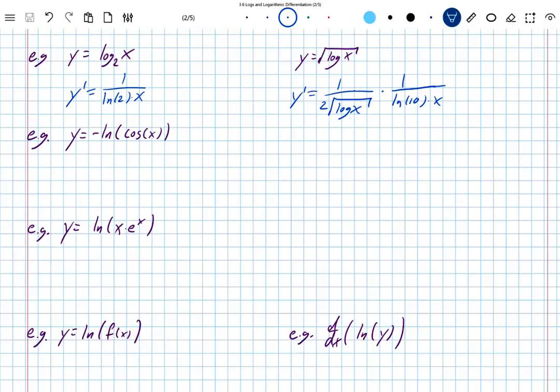Okay, I like this next one a lot. Give it a try if you haven't already, but let's go through it. Y prime is equal to, the negative's going to hang out. It's just a constant multiplier. Natural log of stuff says, if I take its derivative, I got to put all that stuff on bottom. So this is the chain rule again, but now instead of an x, I'm putting that whole cosine of x on bottom.